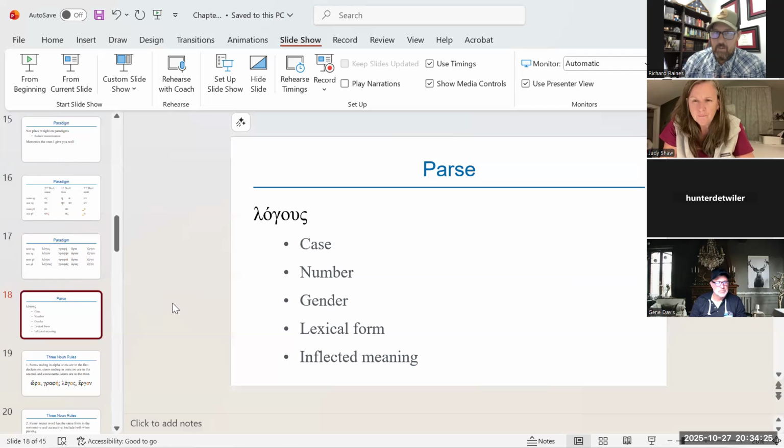That's the stem. So the letters that are added to this that tell you the case are the upsilon and the sigma. So I want you guys to tell me, what case is this? Accusative. Okay, very good. So it's accusative. Is it singular or plural?